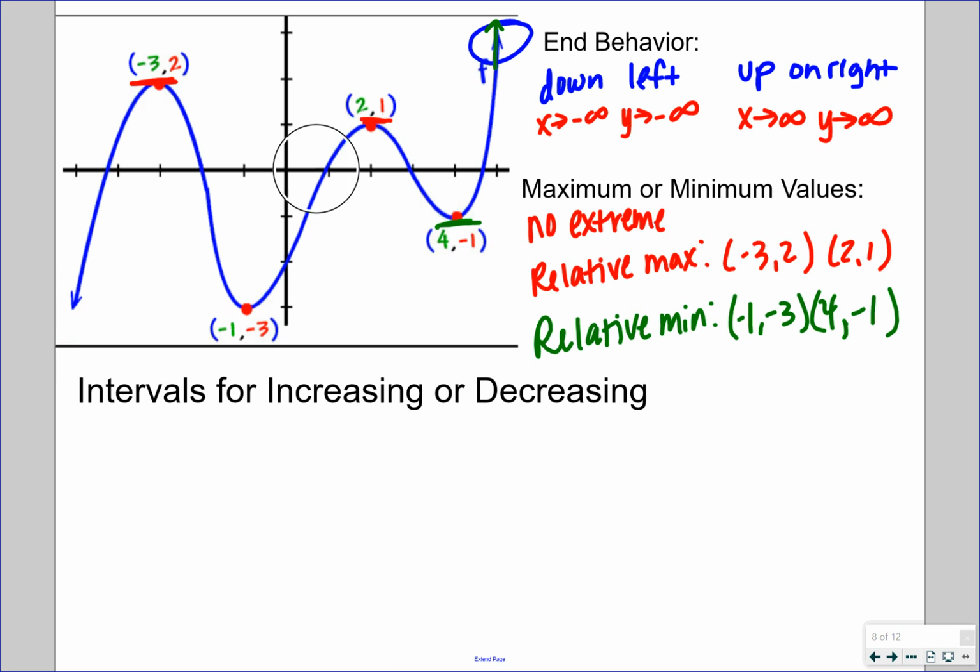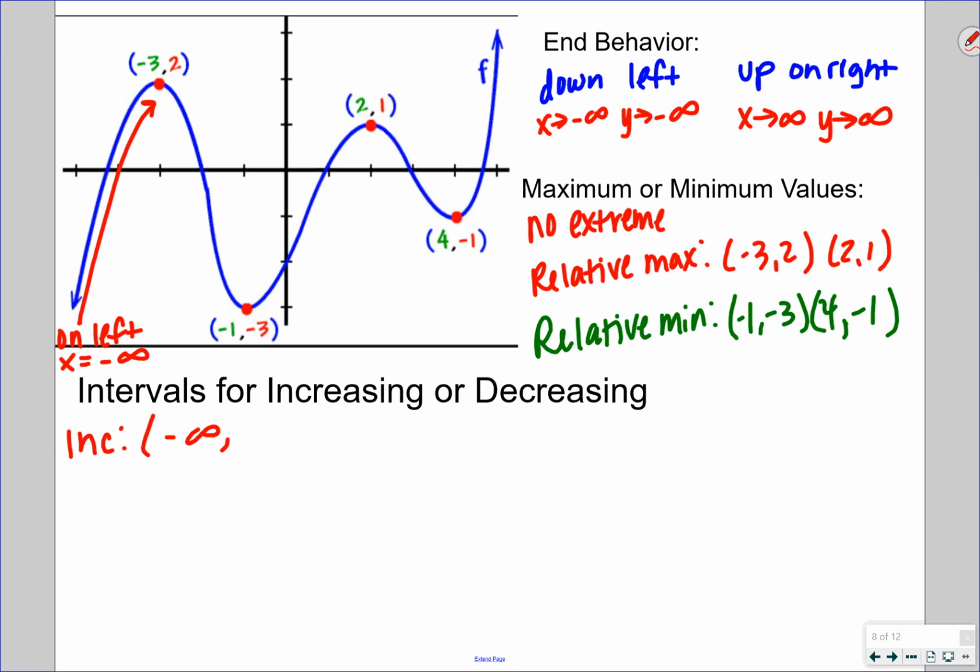And now when I do increasing and decreasing, that's just where is my graph going up and where is it going down. So this graph starts off here and goes this way. That is going up. So from when x is all the way to the left, which again is x would be -infinity. So when x is -infinity, until this top point right here, I am going up, I am increasing.